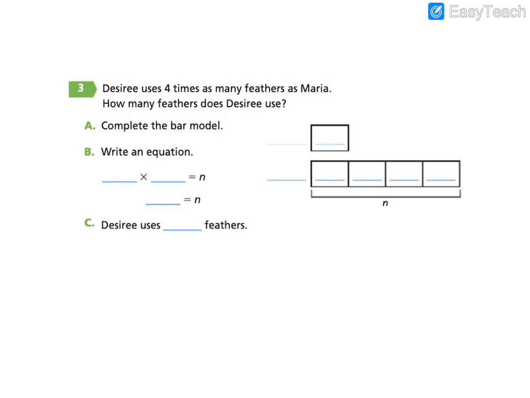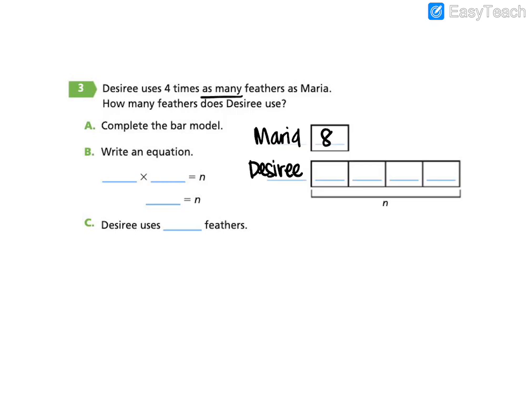Desiree uses 4 times as many feathers as Maria. How many feathers does Desiree use? Okay, so we're going to complete it again. Okay, we have Maria and we have Desiree. Okay, we know from the problem before that Maria uses 8 feathers.